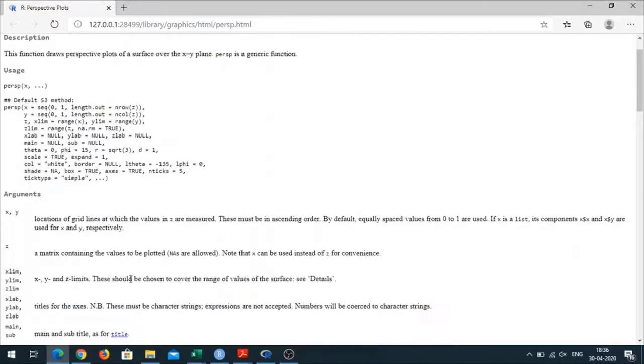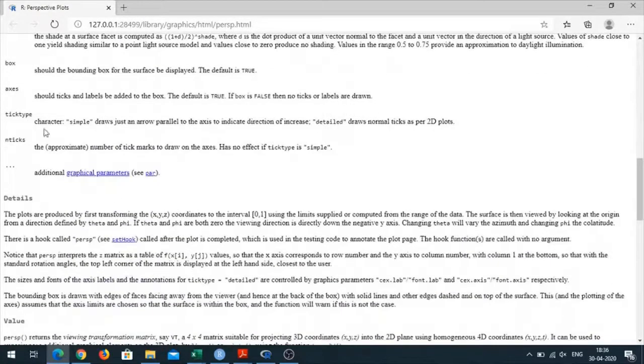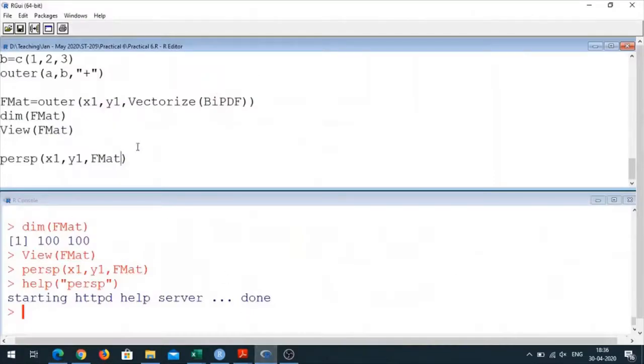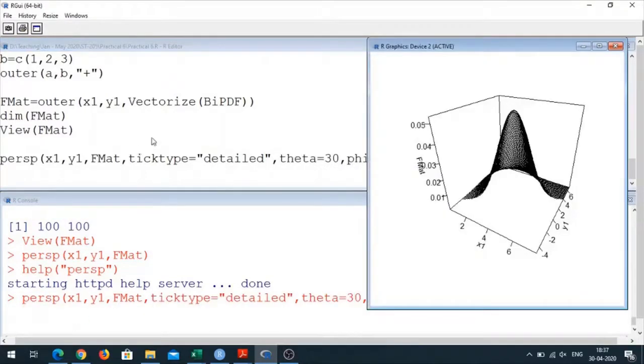Okay. So tick type is, yeah, simple draws just an arrow. Detailed draws normal ticks as per 2D plots. So we want the ticks. So let me try tick type equal to detailed, and let us try theta equal to 30, phi equal to 30, and see what happens.